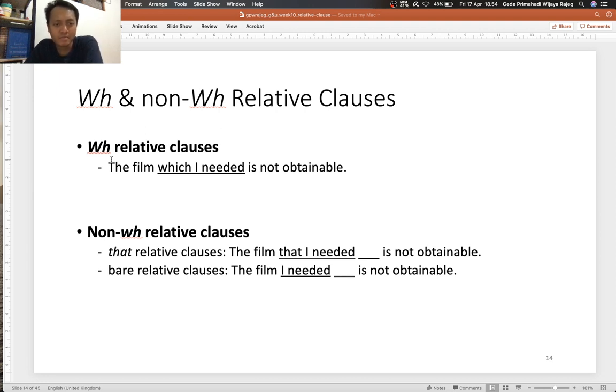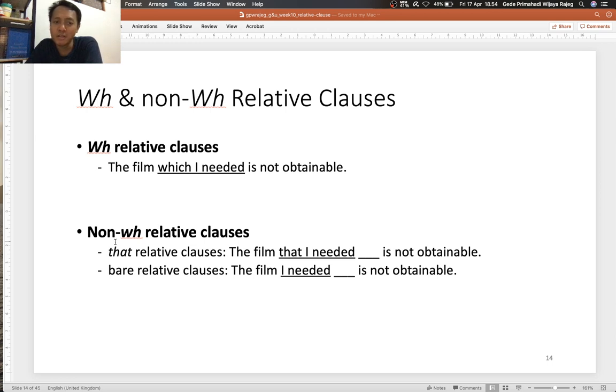For the WH relative clauses, we have seen two examples. For the non-WH relative clauses, one of them is the that relative clause, such as the film that I needed is unobtainable, and the other is the bare relative clause, the film I needed is unobtainable. The bare relative clauses do not have any explicit relative pronoun.